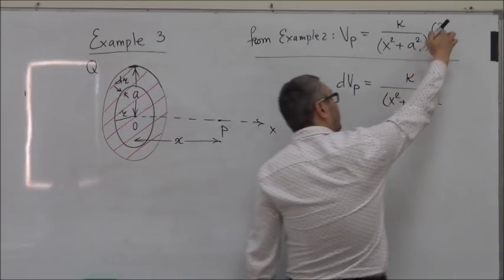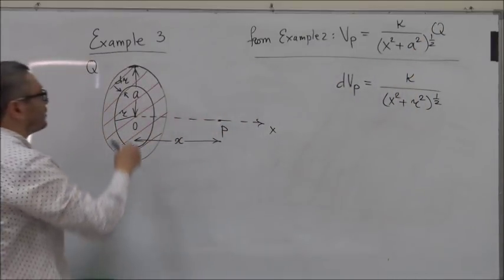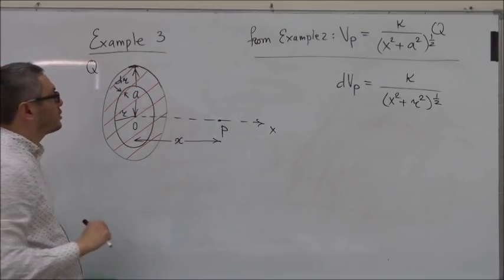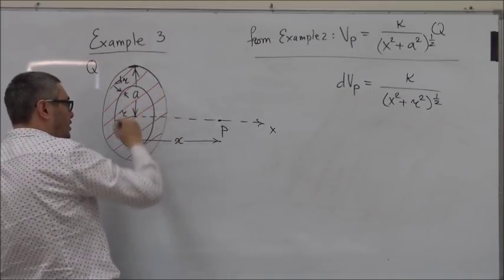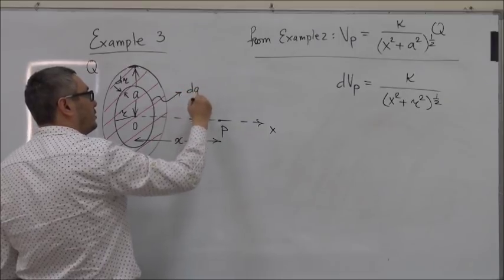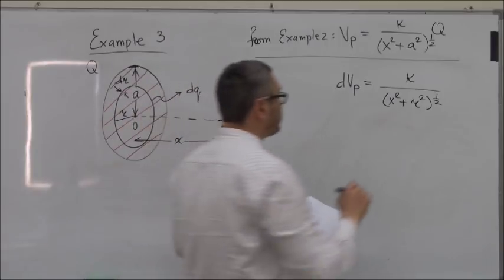And now instead of big Q, we have to talk about a small element of charge. So the amount of charge on that ring is, let's say, dQ. Okay, so let's substitute that in.